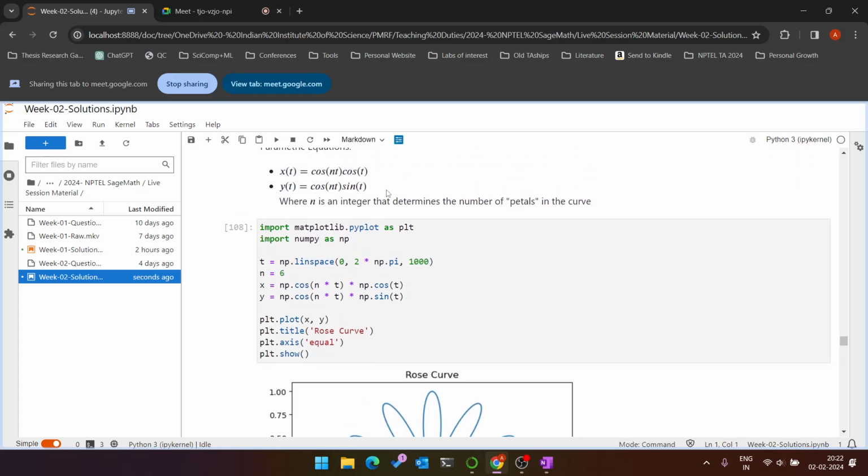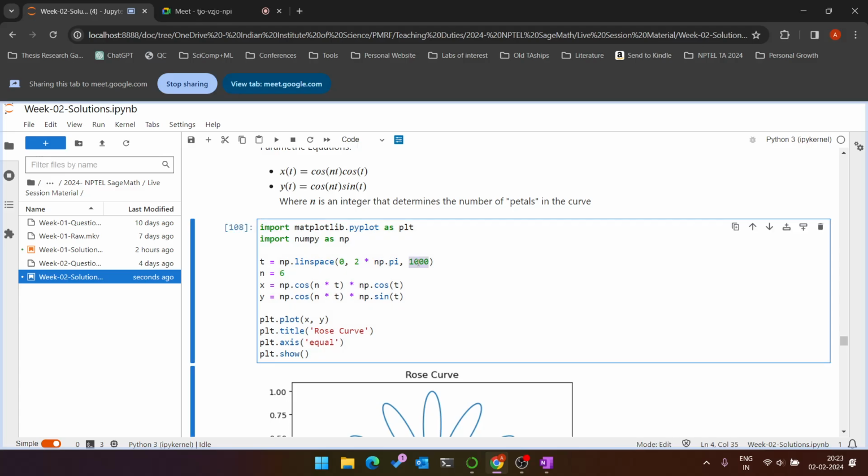Right, so what we have done in the code is again the same thing. You have the t parameter, which is the angular parameter, going from 0 to 2 pi, divided into a large number of points, and you are writing the x and y arrays directly by doing np.cos of n into t.